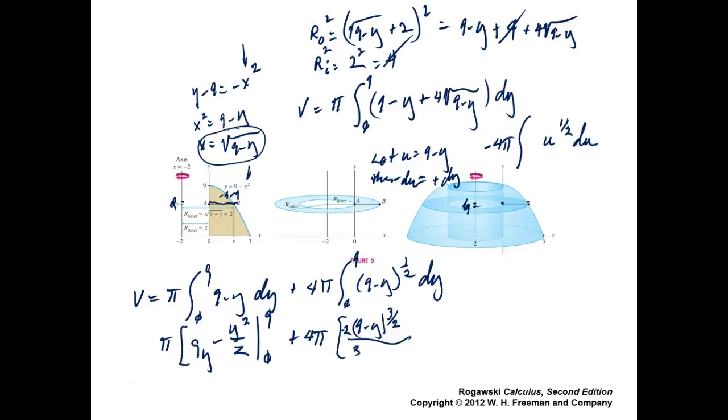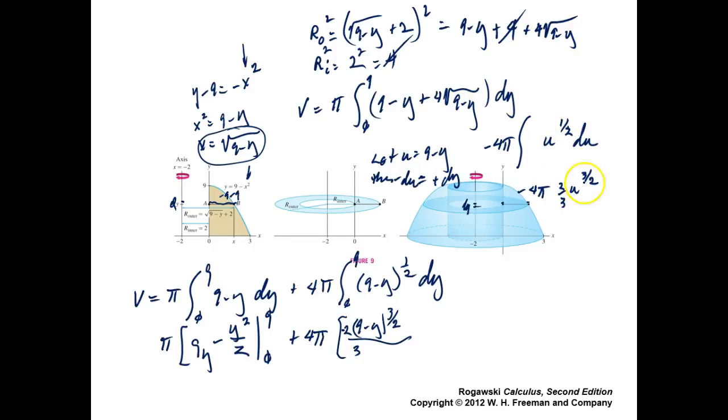Then we would need to get the units in place, but you see the minus sign shows up there. So that'd be a minus 4 pi, and this would be u to the 3/2 times 2/3, so it'd be 2/3 u to the 3/2.